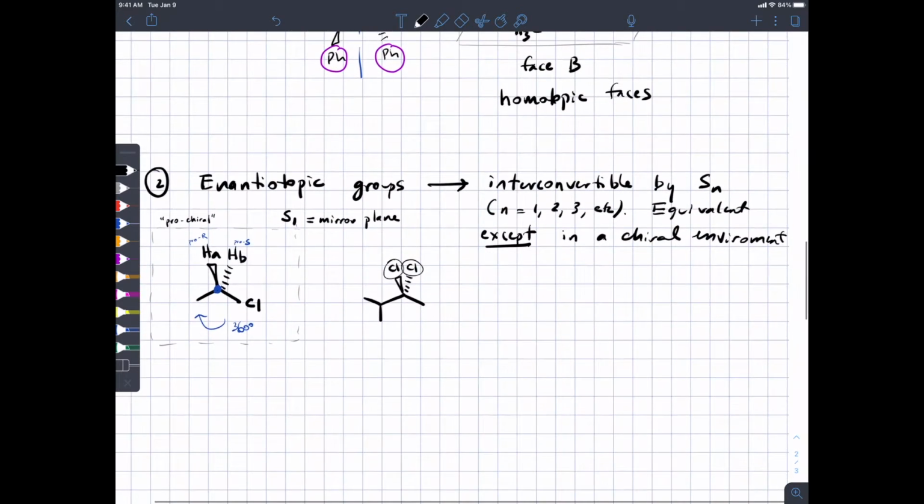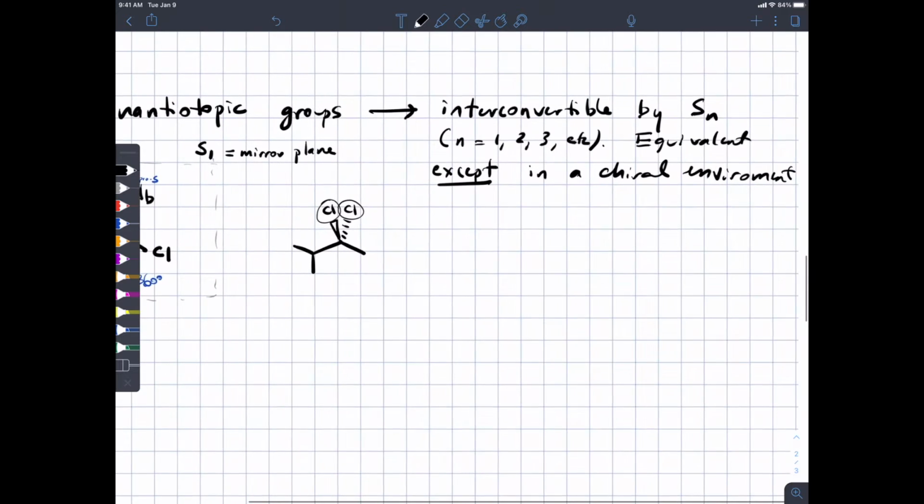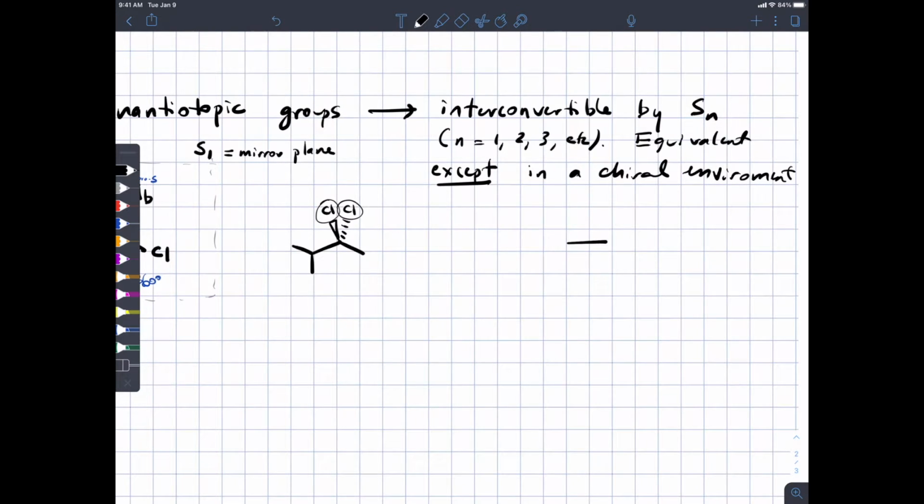As before, we saw homotopic faces with ketones. We can get enantiotopic faces with some sp2 hybridized compounds. So let's do a ketone where the two groups attached to the sp3 hybridized carbon are not the same.